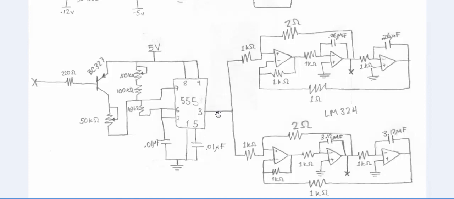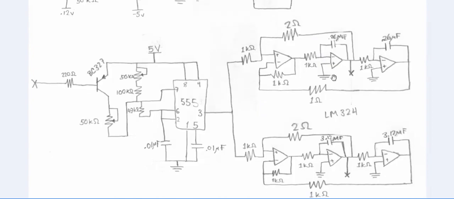Well, I'm going to tell it later. It's around 690 hertz and 1300 hertz. We will see the calculations later. So this modulated signal goes to two bandpass filters.